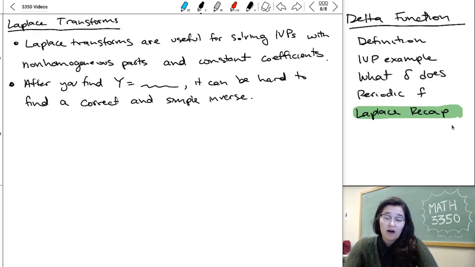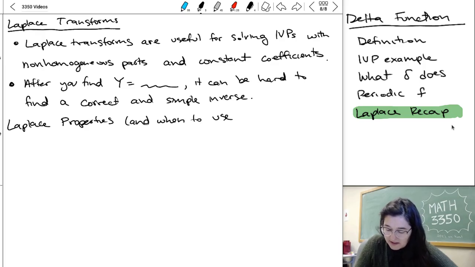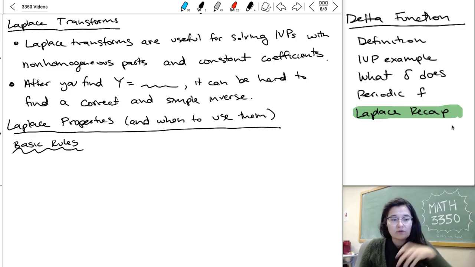We have learned a lot of properties, and I have them all written down here. What I'm going to do is I'd like to write them out for you all, specifically so that we can talk about when we want to use Laplace transform properties. So I'm not going to remind you how to use these properties.